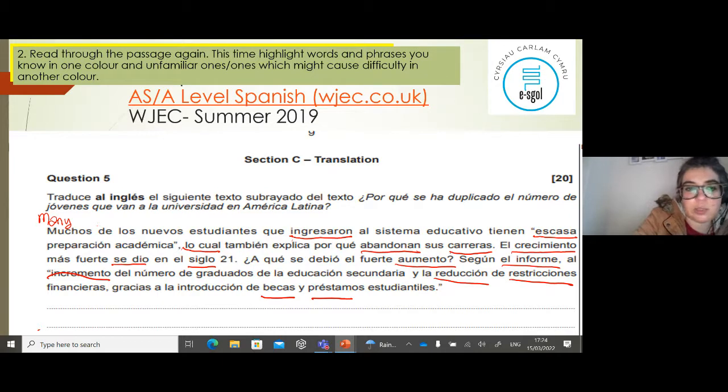Many, I know muchos is many, nuevos, new, estudiantes, students. So that's a good idea to start creating your first draft, and it'll give you a good base to have something to look at later on when you're wrapping everything else up together.